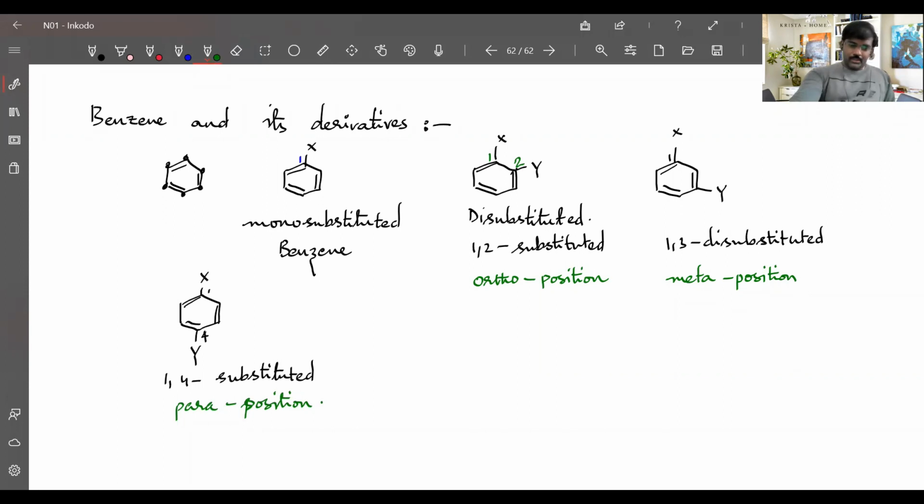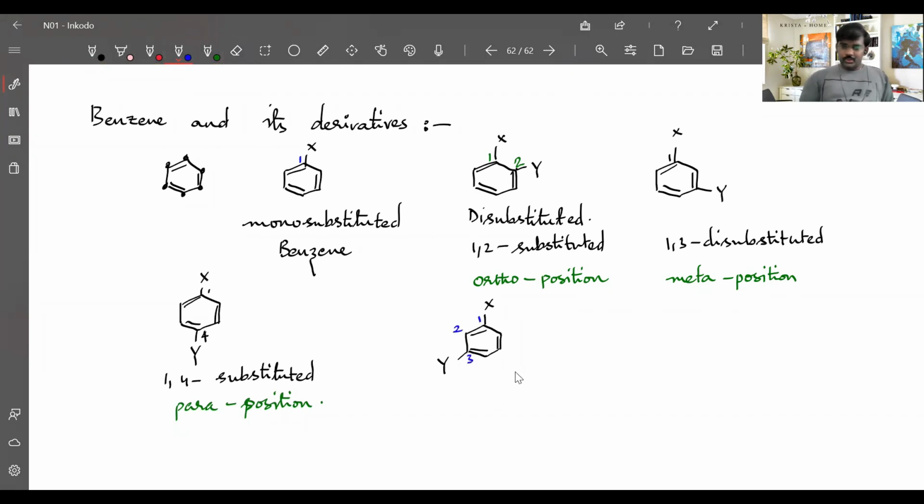So when we are writing the IUPAC nomenclature, we write like 1, 2, 1, 3, 1, 4. Suppose you might say there are 5, 6 carbons also there, so why can't we write 1, 5, 1, 6? Suppose this is X at the first position. If I say here it is substituted Y, then also it will be 1, 3 position only, because now I'll give the numbering in this direction.